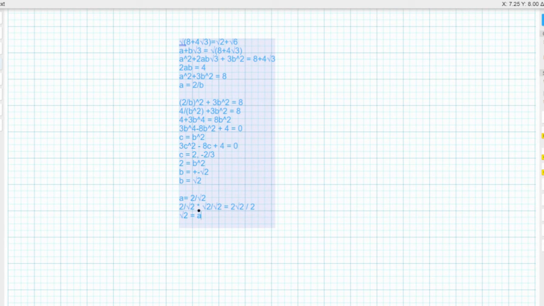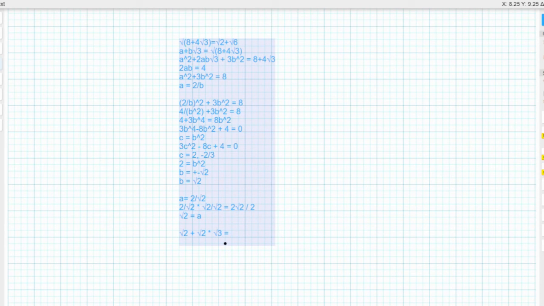Now that you know a and b, you can plug them back into the original equation, where I said a plus b root 3 is equal to the square root of 3. So now you have root 2, which is a, plus root 2 times root 3. I would compress this. I'm not going to leave it in this form. To compress it, you could just multiply these two radicals together, square root 2 and square root 3, which would compress to become square root of 6.